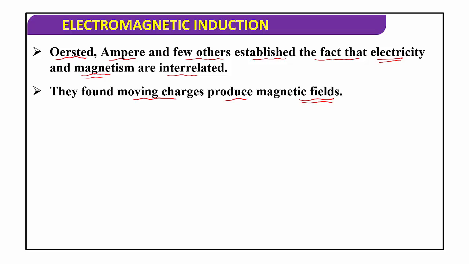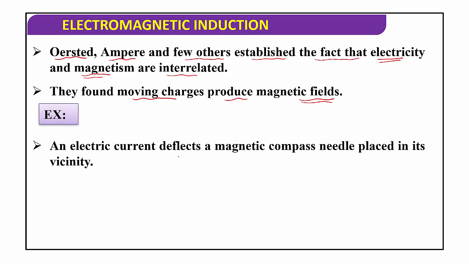When the charge starts to move, it will produce a magnetic field. So these scientists found that moving charges produce a magnetic field. For example, an electric current deflects a magnetic compass needle when it is placed in its vicinity, meaning in its surrounding place.